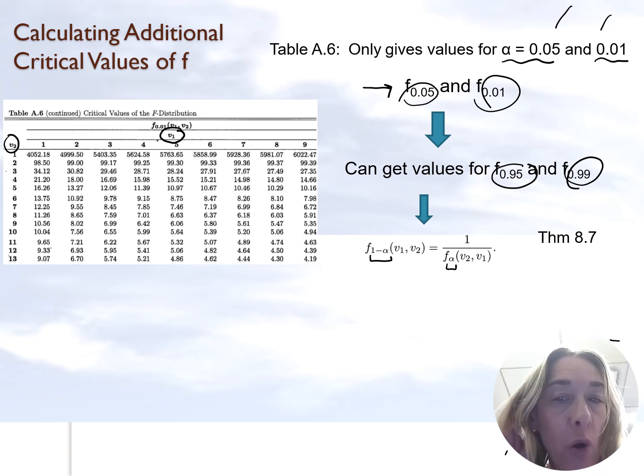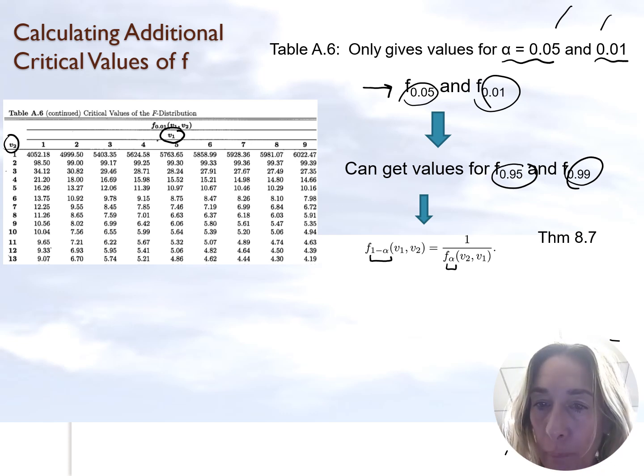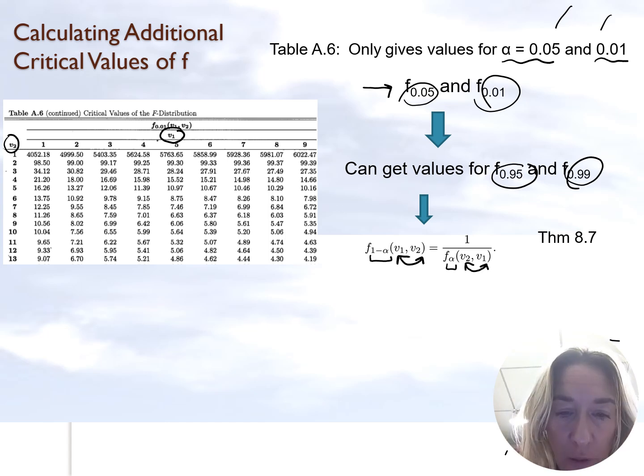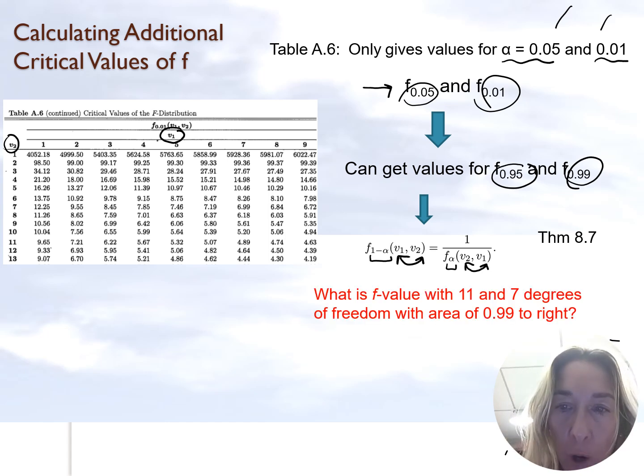So it's equal to the reciprocal, but the order of the nus is now changed. Instead of nu 1, nu 2, in the denominator it's nu 2, nu 1. Okay, so let's try an example that will help to clarify this.